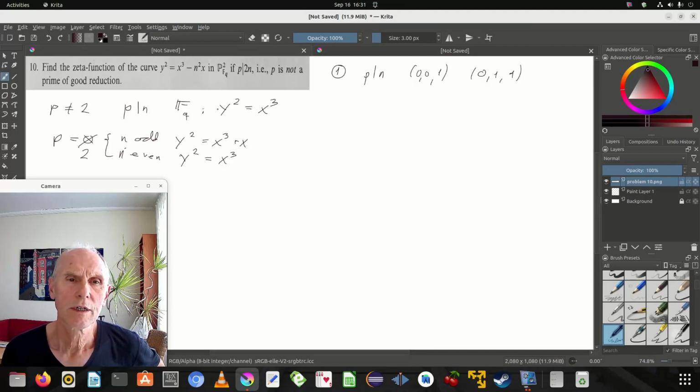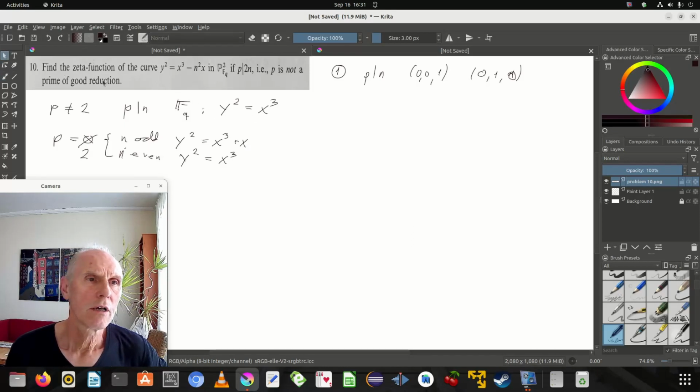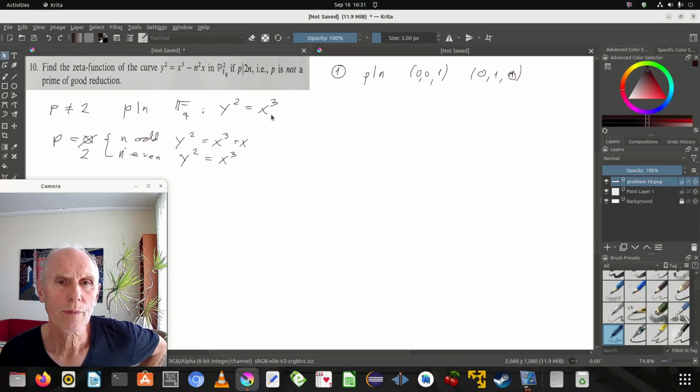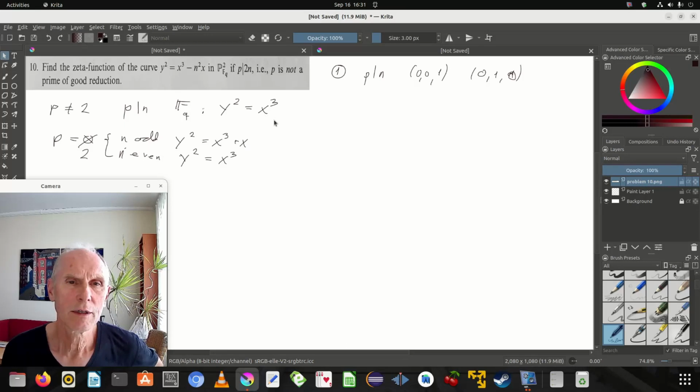It's z. If z is naught, then x must be naught as well. This was the point at infinity. Sorry. That's 2 points, and then we need to find those with non-vanishing x and y.